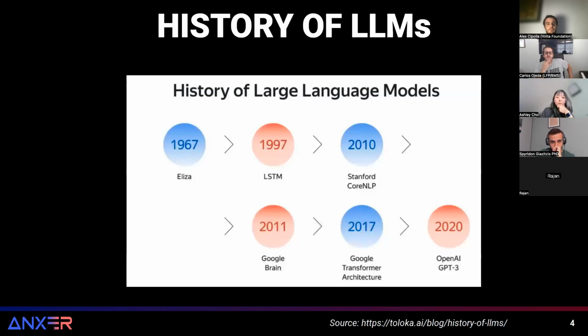So LLMs start very early with respect to their popularity. They start in the 60s at MIT, when the very first chatbot was made, called Eliza. It was very rudimentary. As you might know, AI was quite popular in the 60s. Then they discovered that there were a lot of constraints due to the hardware.